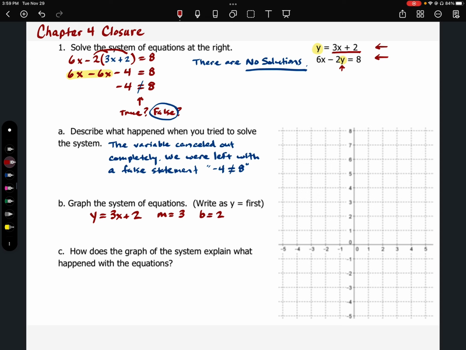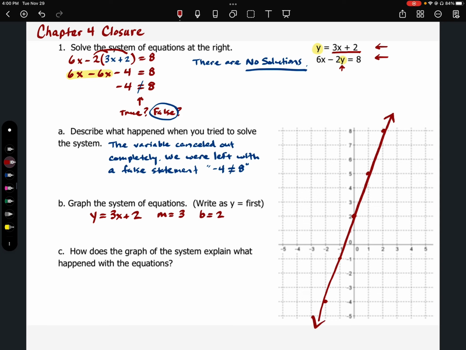So we'll start with positive 2, and then if the slope is 3, we'll rise 3, so count up 3, and then go to the right 1, rise 3, go to the right 1, or go down 3, and then we'd have to go back to the left 1, so that is the equivalent of a positive slope. So here is the first line. Oops, I missed that. Let me fix that. Do your best to draw it straight. It's hard to draw it straight on the iPad, but I did my best.